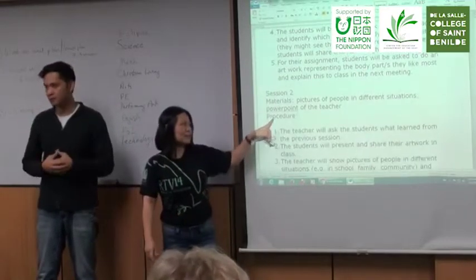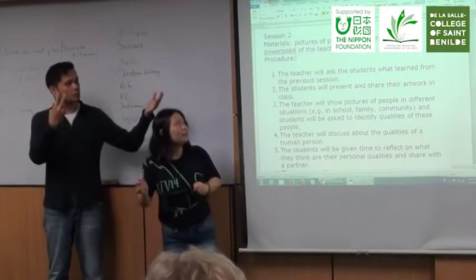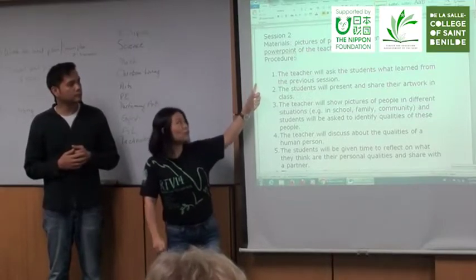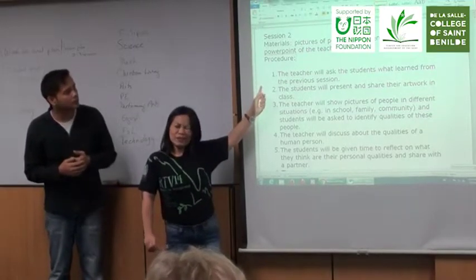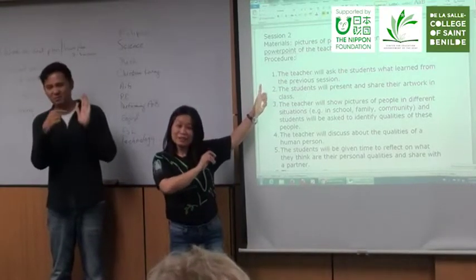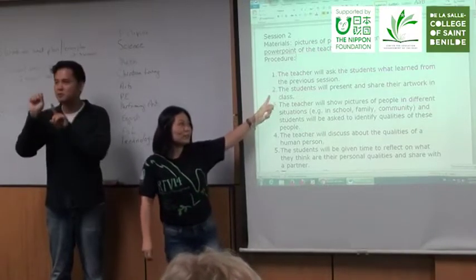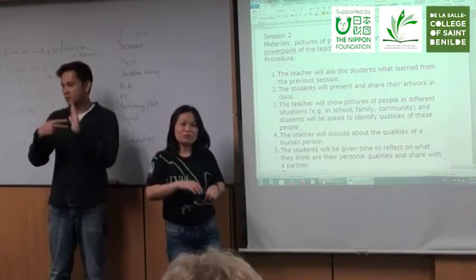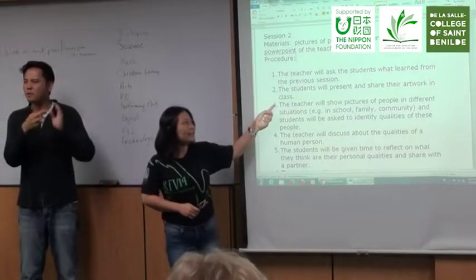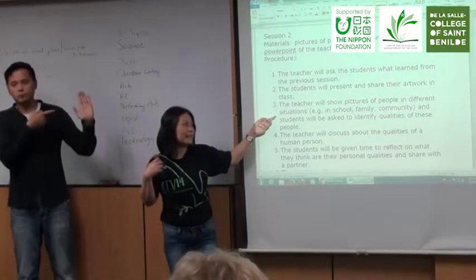This one is for session 2. Our materials are pictures of people in different situations, because of the objective we have on the first one. The teacher will ask the students for a review from the previous lesson. Then students will present and share their artworks in class.